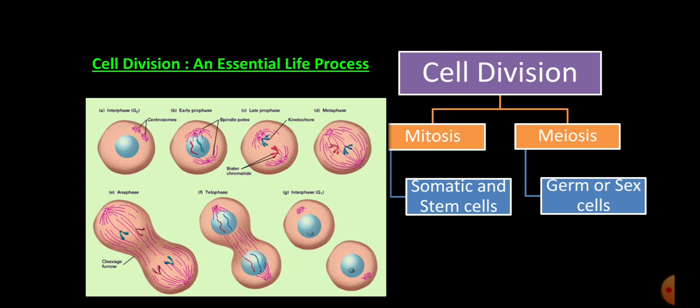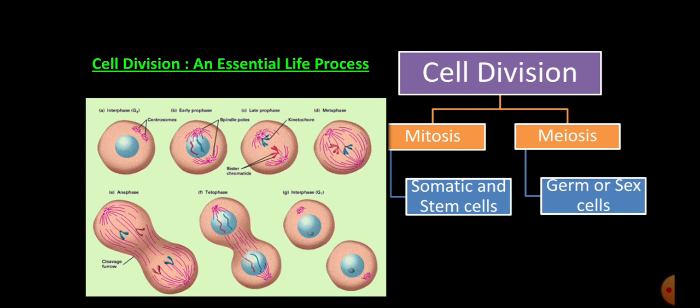In fertilization, the male and female gametes unite together and form the zygote, right? Now, this zygote is diploid, but the male and female gametes are haploid. That means they have half the number of chromosomes.